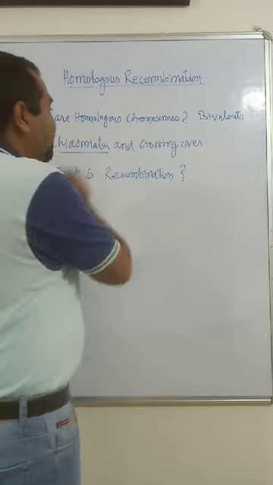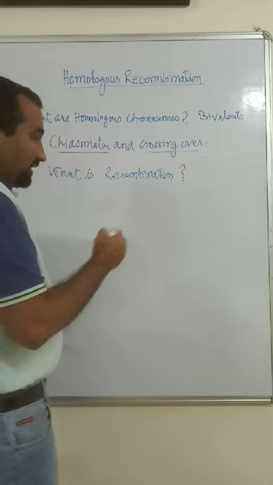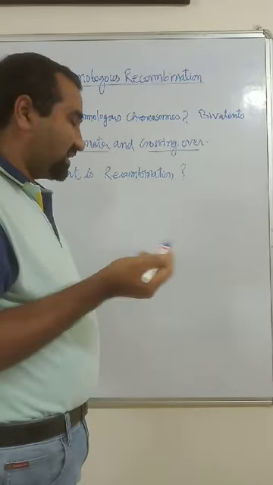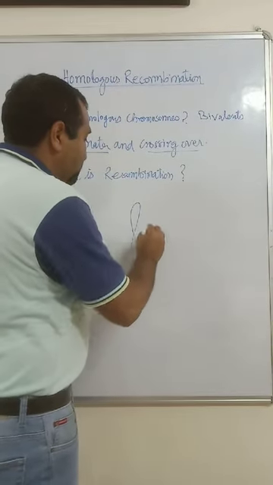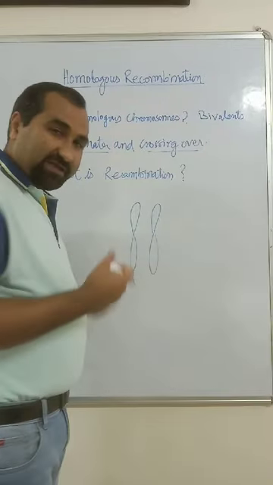So another term is chiasmata and crossing over. As we know, in prophase I of meiosis, that is sexual reproduction, the homologous chromosomes form a pair.